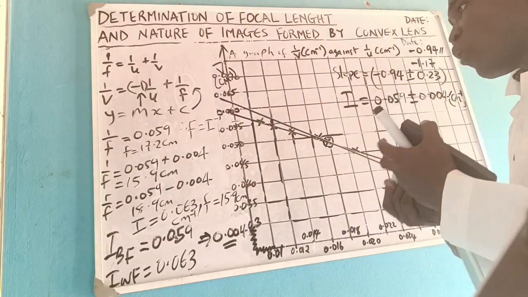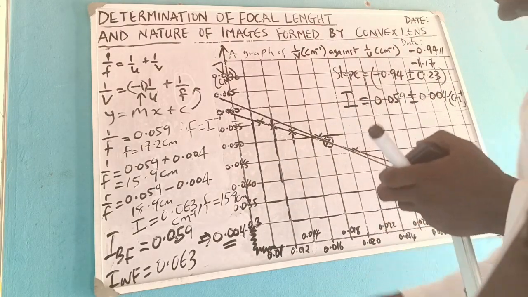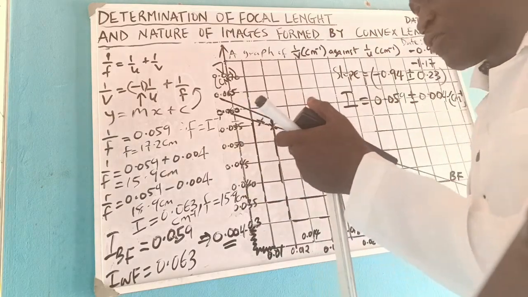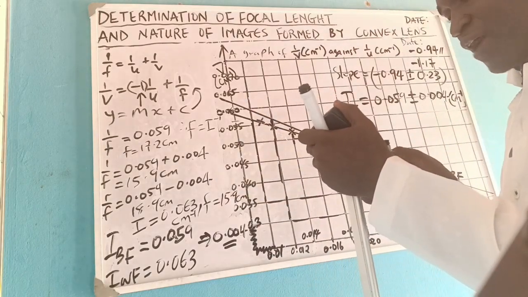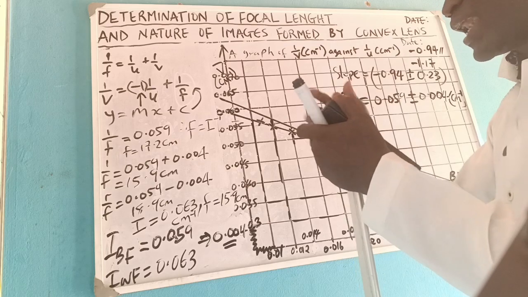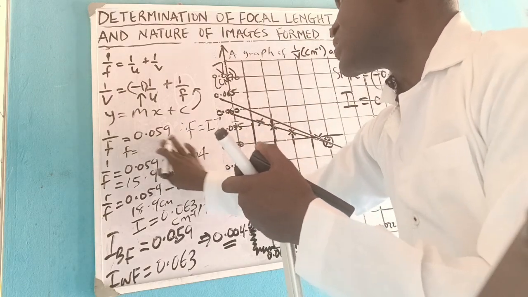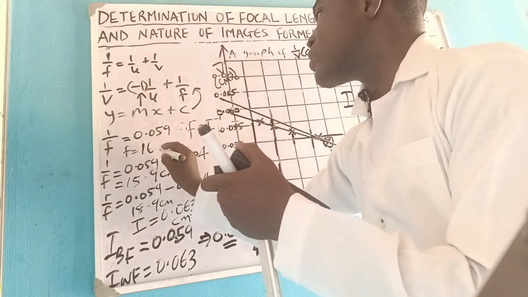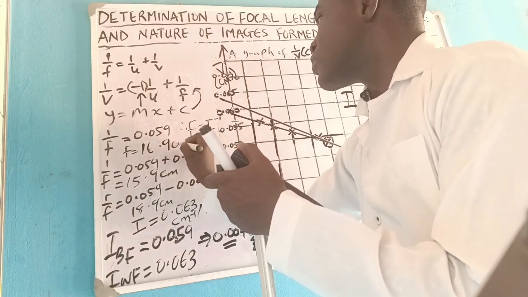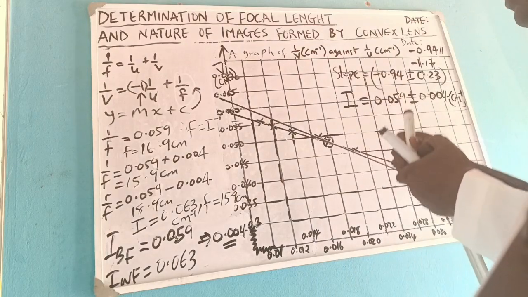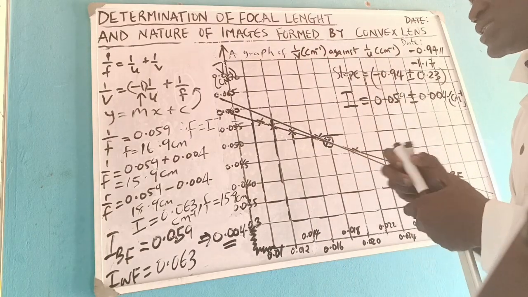And so what you'll be having in essence is that 0.059 will be given 0.059 inverse to get your focal length. It will be equal to 16.9. You write here 16.9 cm. That is about that.